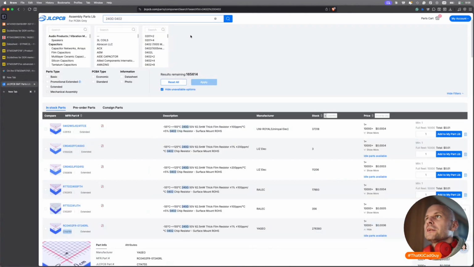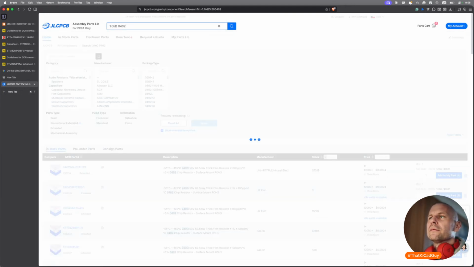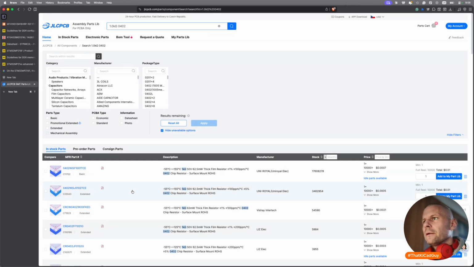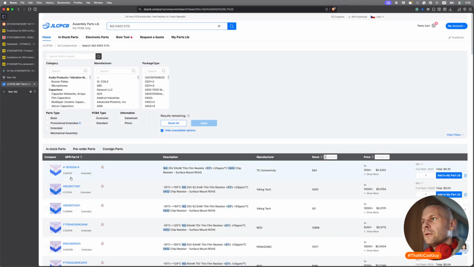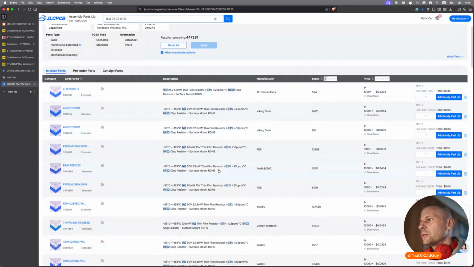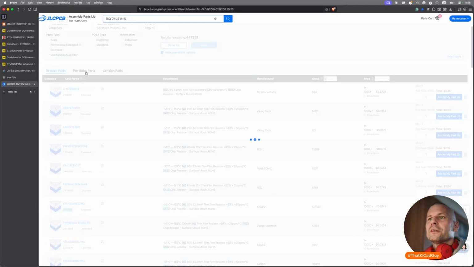Datasheet, the GLC PCB. So we need 1K, 1. 1K only, okay, and we need 0.1%. That's a good one. This is the one. Yeah, this is the same one. Oh, for a good price, yeah.